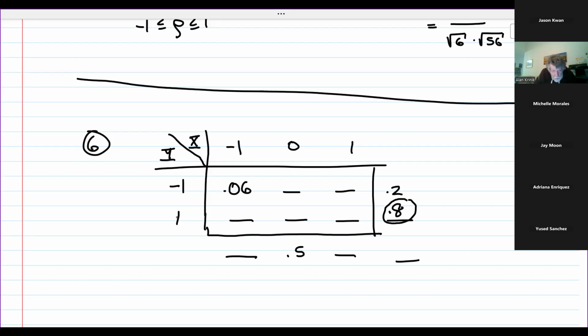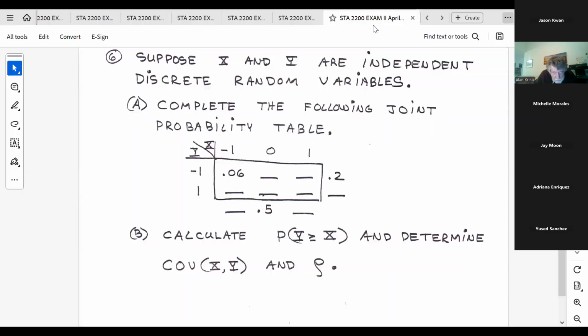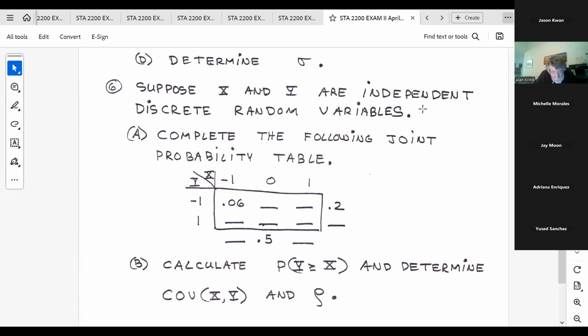And let's see. Oh, was there any other information given there? Let's go back one time because I think I forgot something important. Yeah, there it is. Suppose X and Y are independent. I left out a word, and I knew I needed it because I can't do it without it.